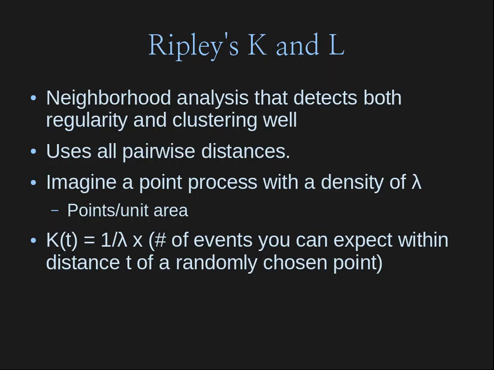So if I had a point process here, like this, and I chose some random point, let's say this one, and I give it a distance t from here. At distance t, based on what we'd expect for a random distribution, how many points can we expect to be in there times 1 over the density?